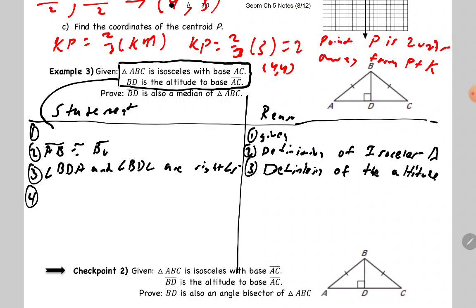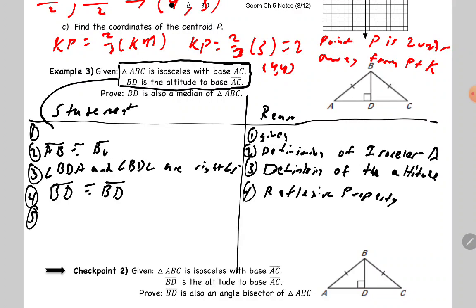Alright, 4. We're just missing that they both share BD, so BD is congruent to BD. That's the reflexive property. And we can show that the triangles are the same.